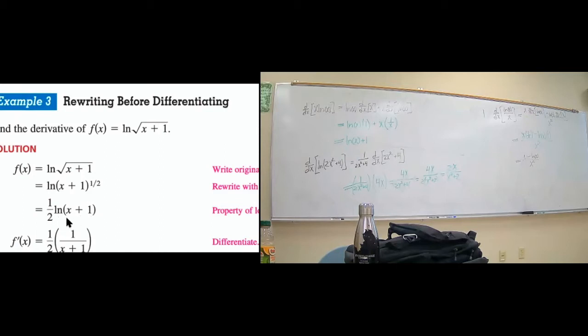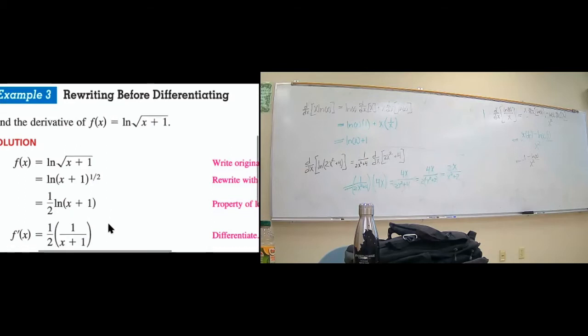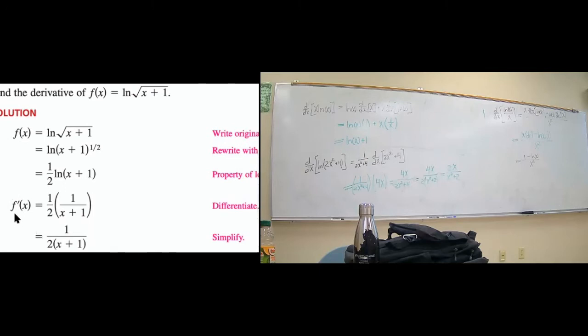Now we can take the derivative of this a lot more easily. Because the derivative of the inside is just 1. So we're going to have 1/2 times 1 over the inside times 1, to find that the derivative of our function is 1 over 2 times (x plus 1).